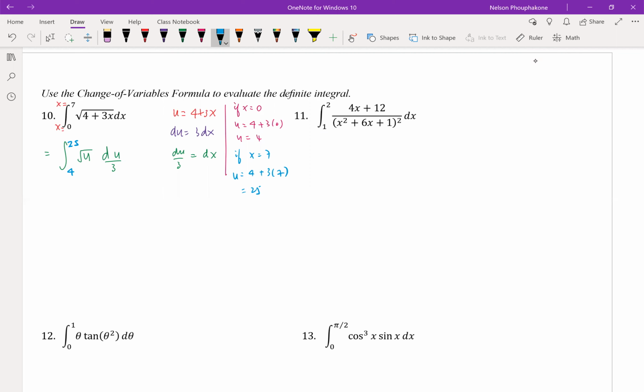So you will see that this is how we actually work out the upper limit and the lower limit when we do the substitutions. Okay, then now we could actually do this. We will have u to the 1/2 plus 1 over 1/2 plus 1, evaluated between 4 and 25. And now this is 2 over 3 u to the 3 over 2.